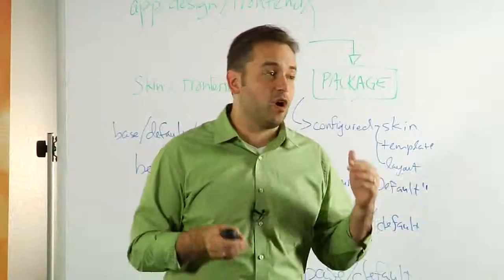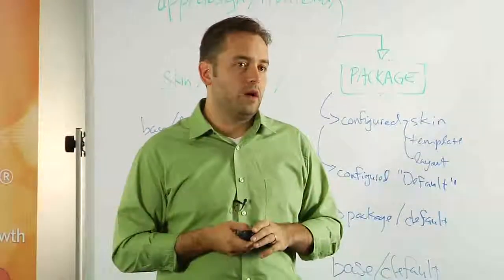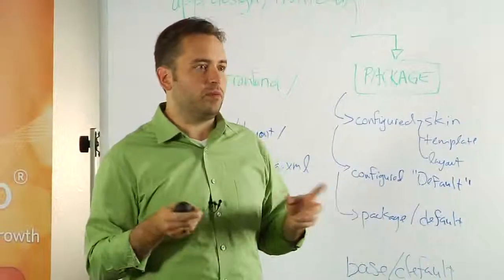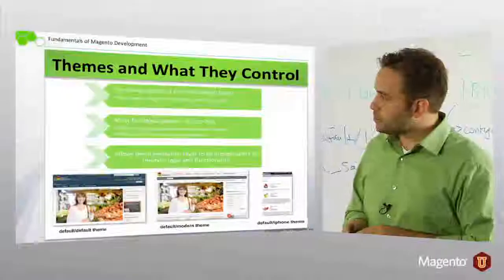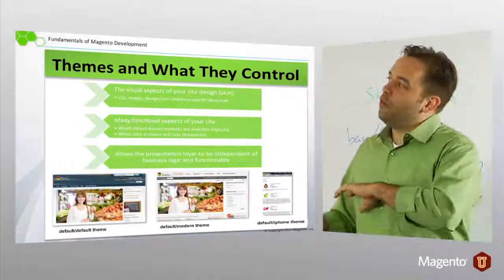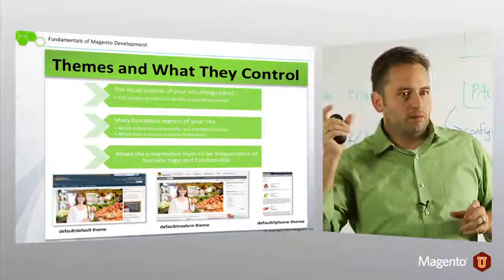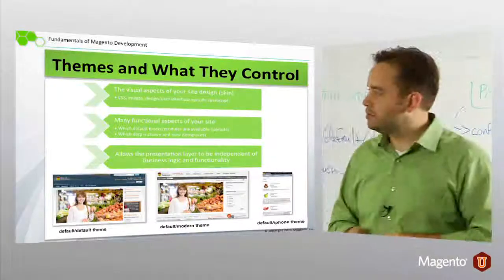The block classes are not scoped per website. They are global. It's just the templates that will be changing per website or per store. Again, the goal of all of this is to separate out our business logic from how it's presented, quite simply.